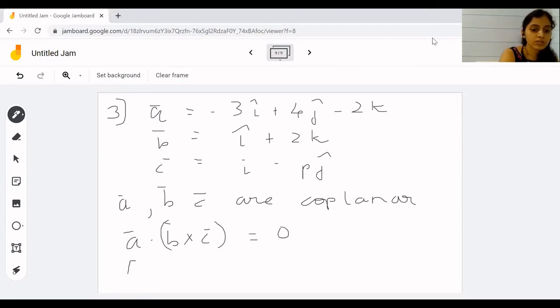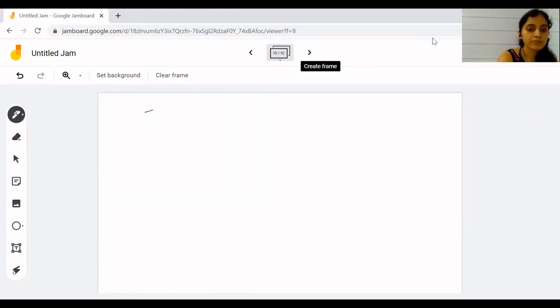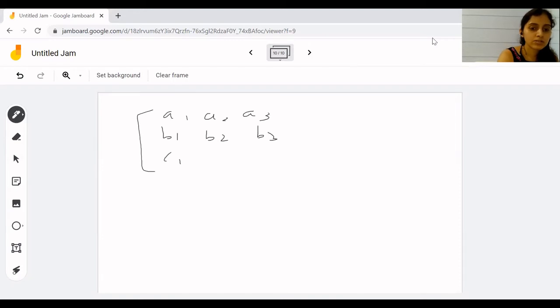So basically the box product A bar, B bar, C bar equal to 0, which will be the determinant of A1, A2, A3, B1, B2, B3, and C1, C2, C3 equal to 0. Let us put the values now.